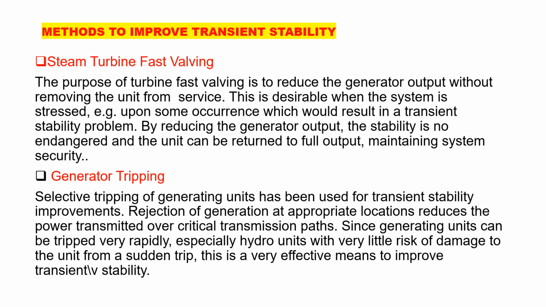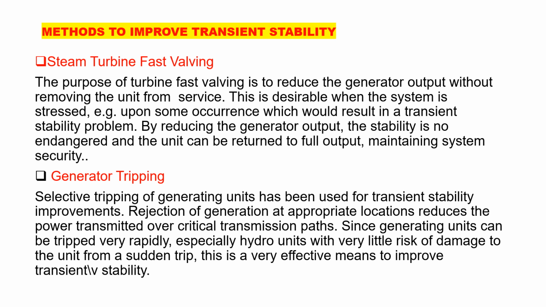So the fast valving is to reduce generator output without removing the unit from service. This helps in removing the load from the generator so that this generator does not decelerate and it comes to the stable position as quickly as possible.